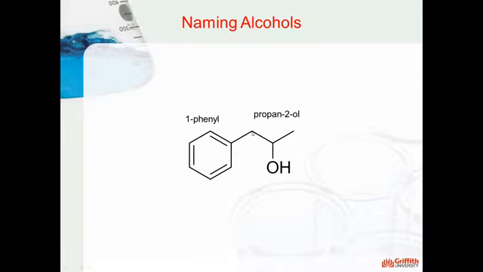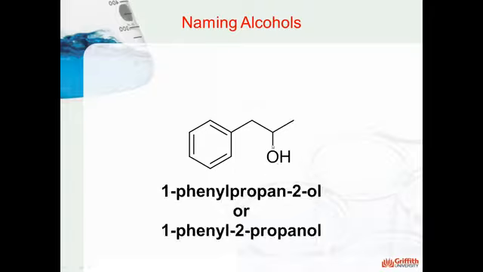So carbon number 1 has the phenyl group attached to it. Carbon number 2 is where the alcohol is coming off. So we put those together. This will give us 1-phenyl propan-2-ol according to the new rules, or according to the old rules, we could just move that 2 in before the propanol, so 1-phenyl-2-propanol.